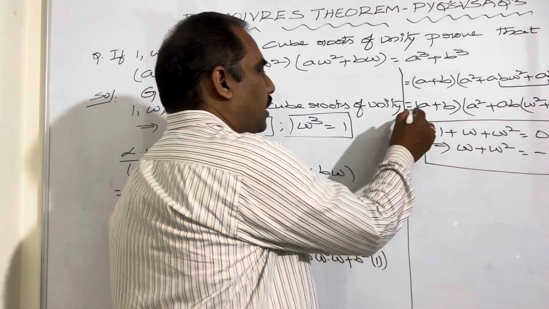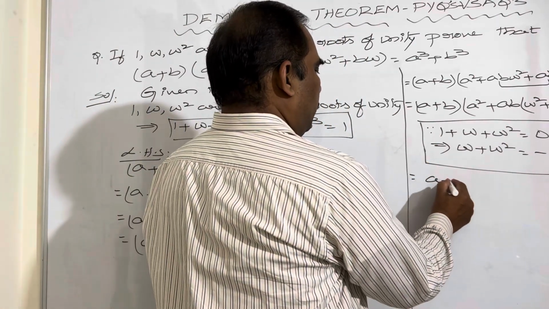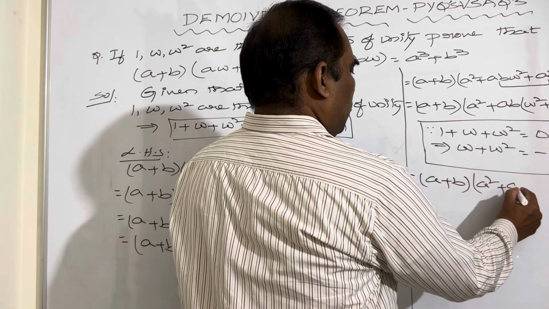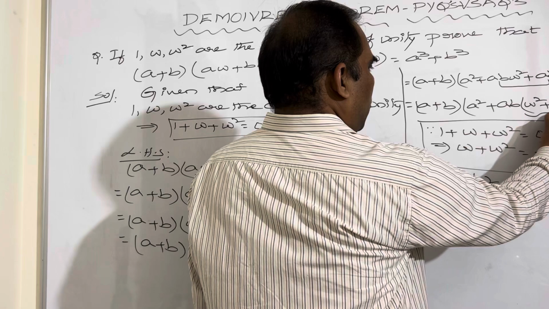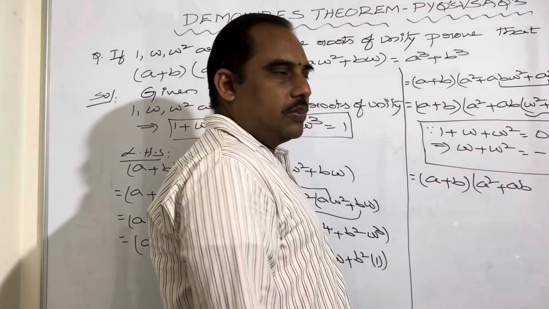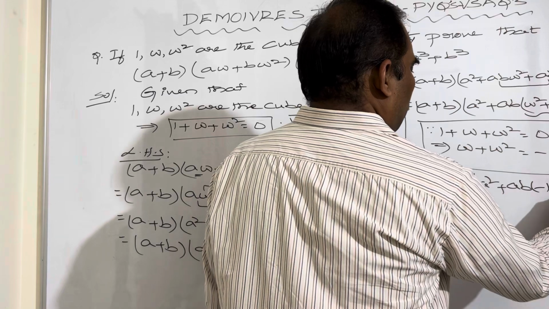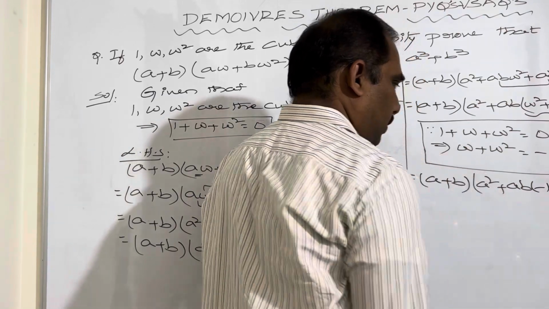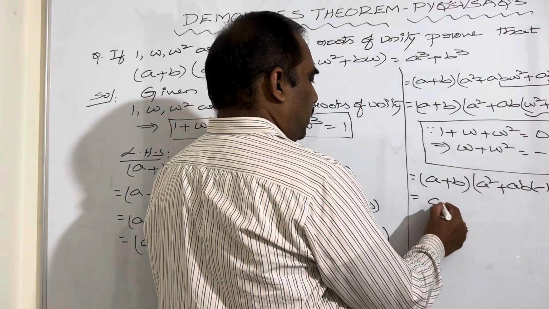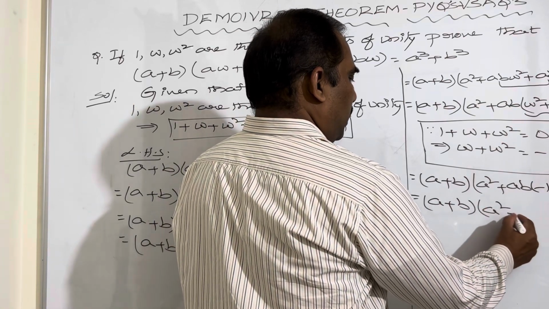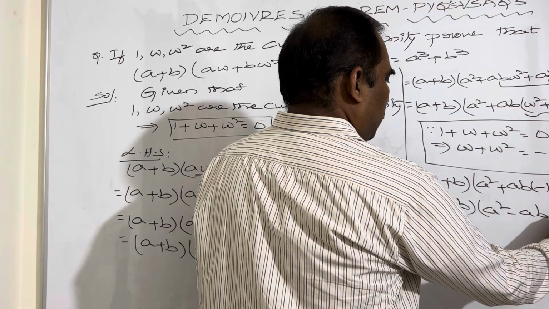So that is a plus b into a square plus ab into omega square plus omega, where omega square plus omega is replaced by minus 1, so minus 1 times ab, plus b square. Finally this can be written as a plus b into a square minus ab plus b square.